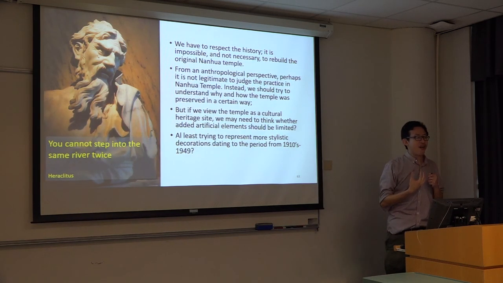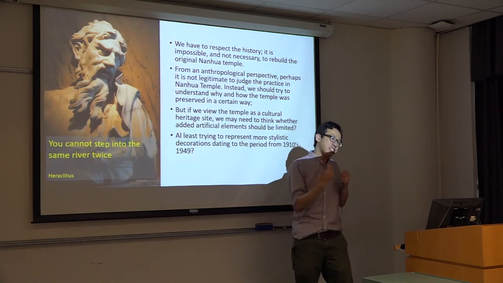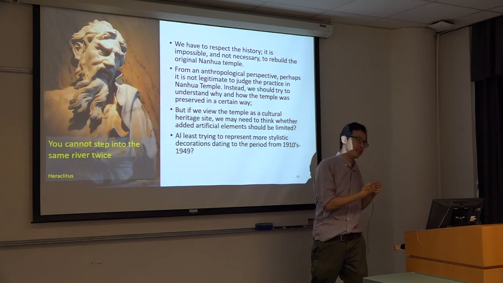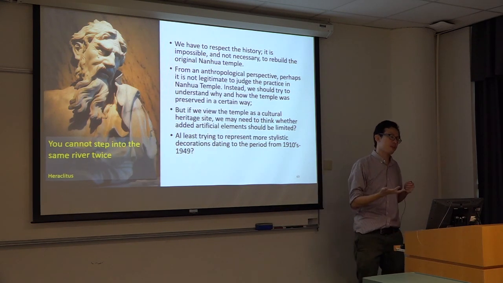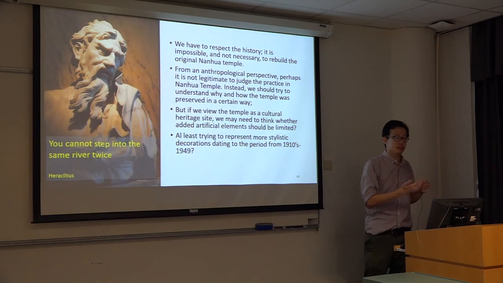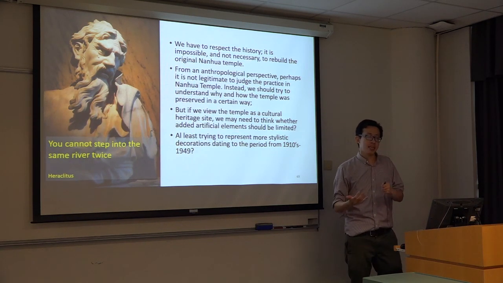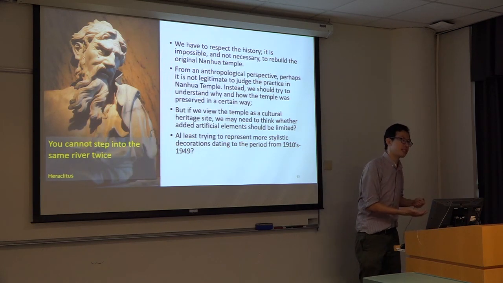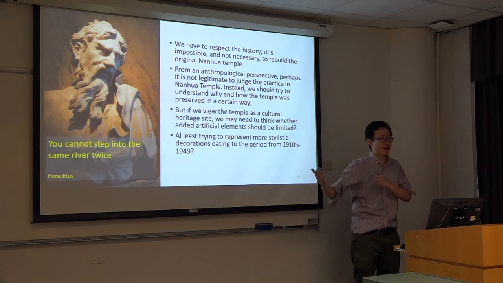Probably they need to think about, for the general public, for people who are interested in the temples in Guangdong, whether they are legitimate to think about or to know more about the architectural styles, the paintings, or other histories about this interesting and important temple, rather than a very typical tourist spot.